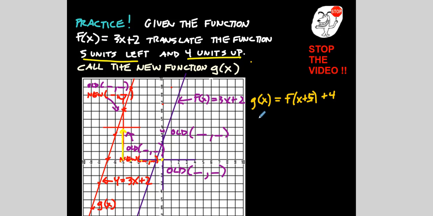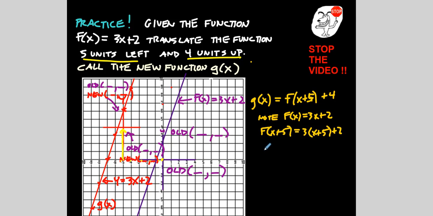Now, again, note that f of x, in this case, is 3x plus 2. So f of x plus 5, everywhere there is an x here, I replace it with x plus 5, so I have 3 quantity x plus 5 plus 2.